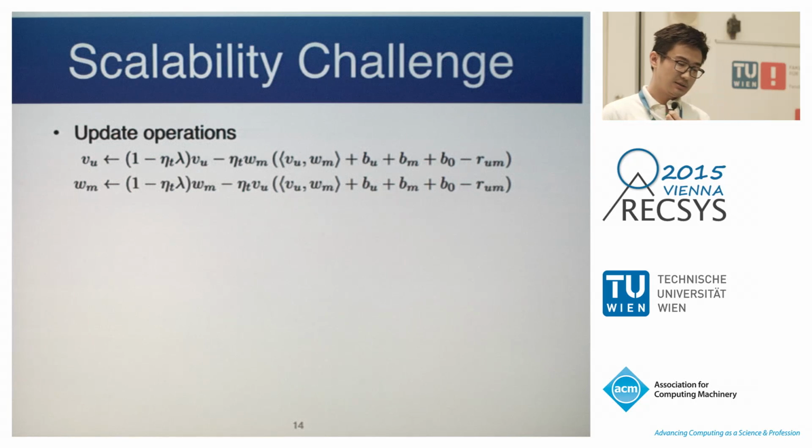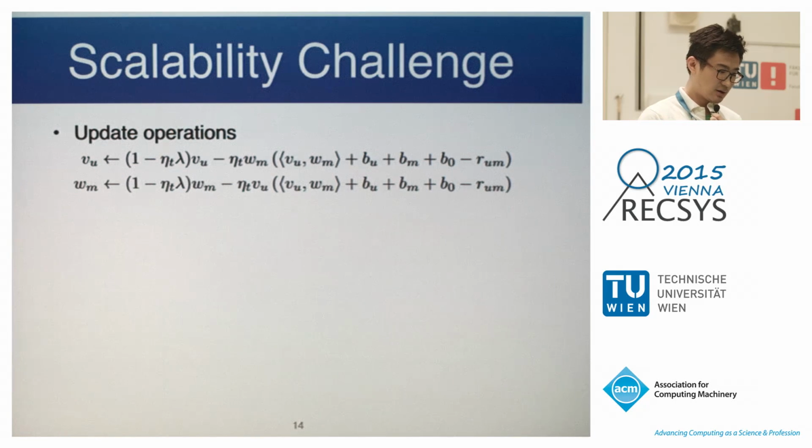The challenge is, if we look at our update operations, these are SGD updates. So every time we need to read the latent parameters U and latent factor V, and we also need to write them.